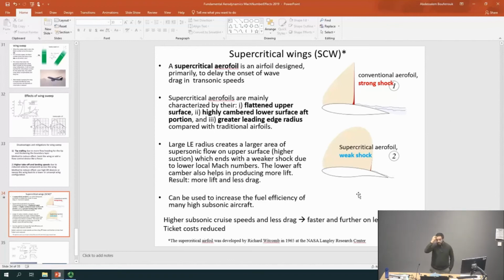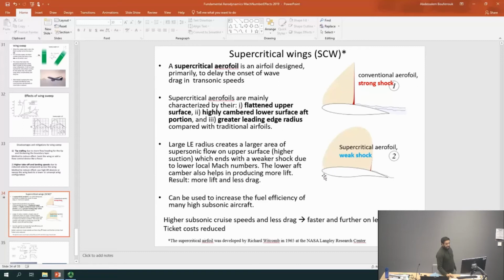So what are the characteristics of a supercritical? How do you recognize an airfoil or a wing to be supercritical? Well, typically, first of all, if you look at a conventional airfoil, you can see there is quite a lot of curvature on the upper surface. On the other hand, a supercritical has a more or less flat upper surface compared to the conventional one. That's the first thing. Number two is to do with the leading edge.